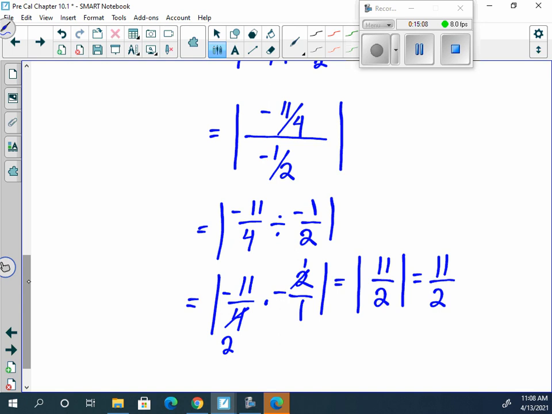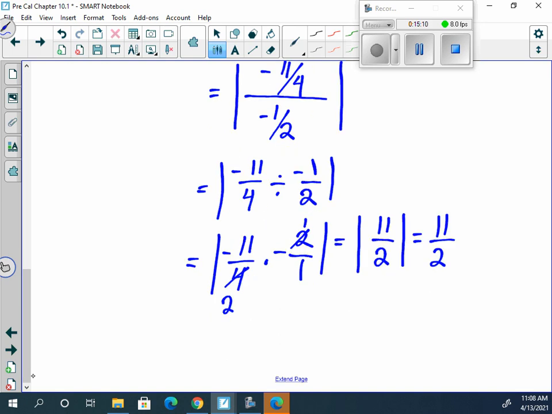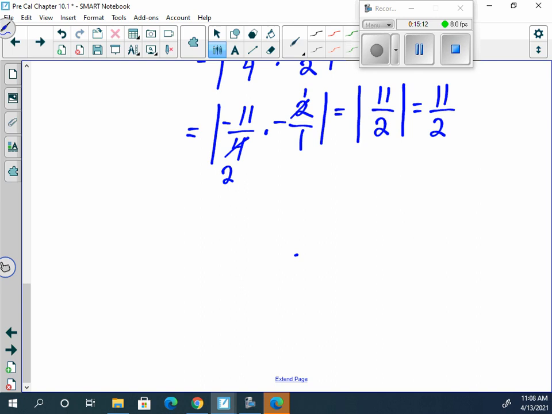So any questions on how we got to 11/2? So what's our angle? Yeah, because tangent theta is equal to 11/2.